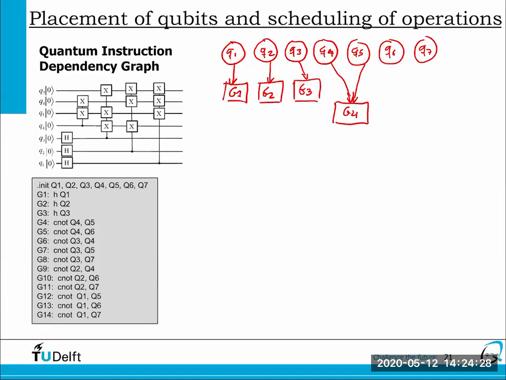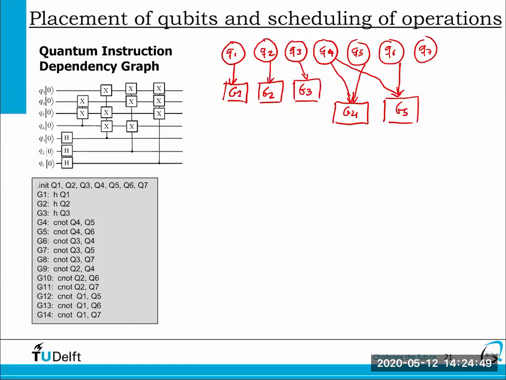Then G5. What about G5? G5 depends on Q4 and Q6. So I cannot perform that one before initializing Q4 and Q6.